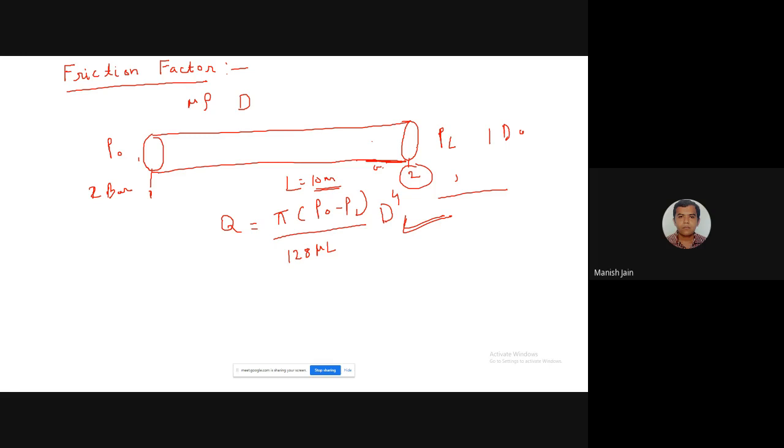Now the friction factor is a parameter which will provide you the magnitude of this friction loss. Once you know the magnitude of the friction loss, you can calculate the pressure drop. Now we will define the friction factor.